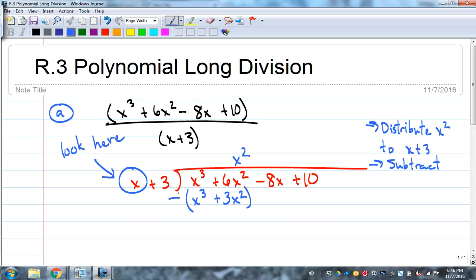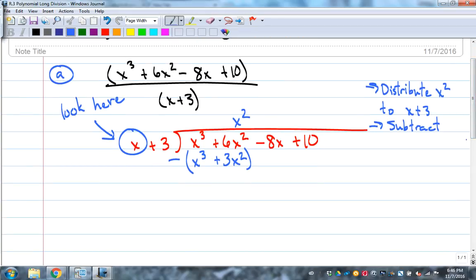In elementary school long division, you subtracted. I always put parentheses around what I got when I multiplied, and then put a subtraction symbol outside. So x cubed minus x cubed, what happens to them? They cancel out. If they don't cancel out, you didn't do it right.